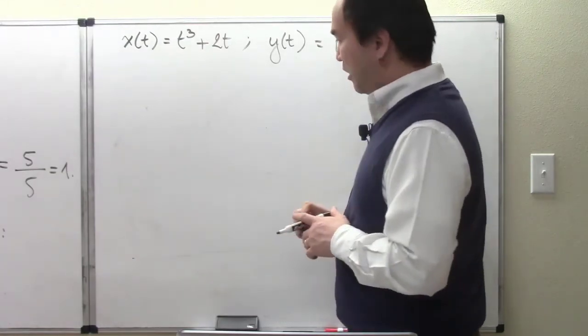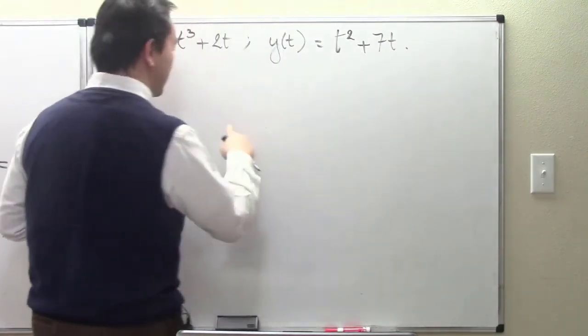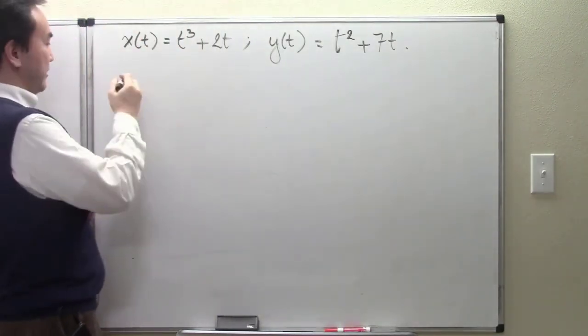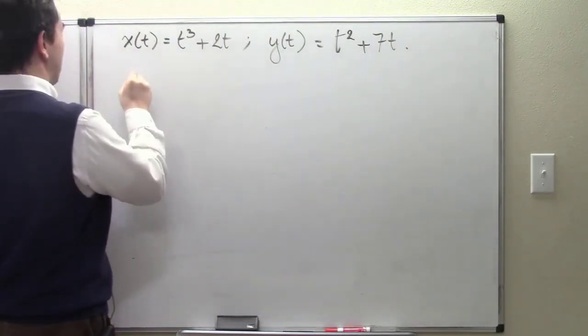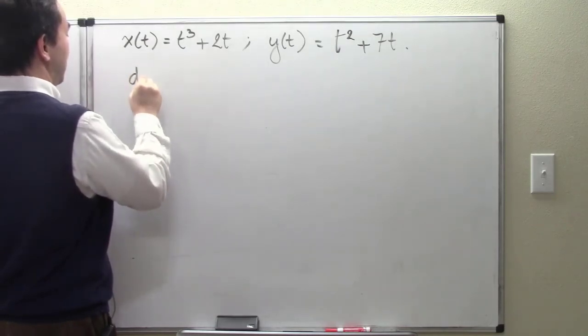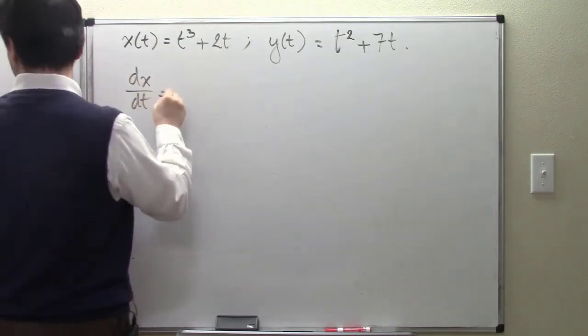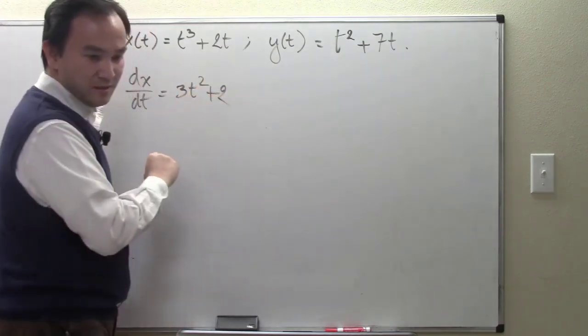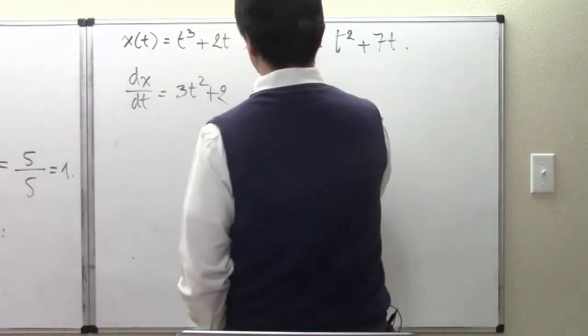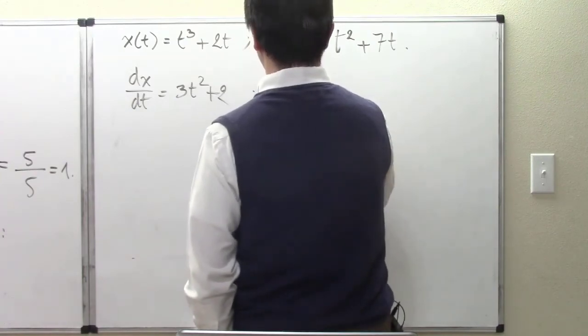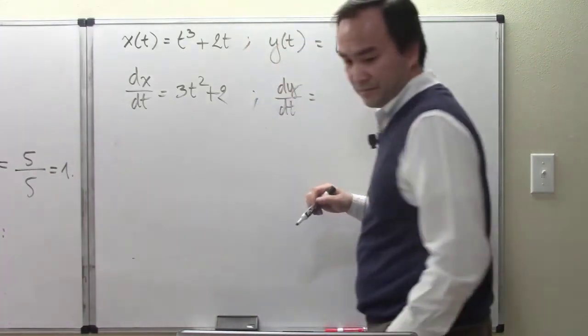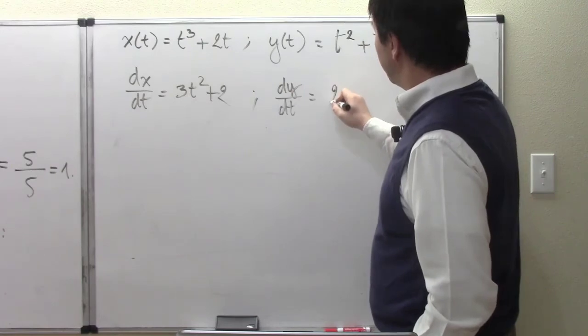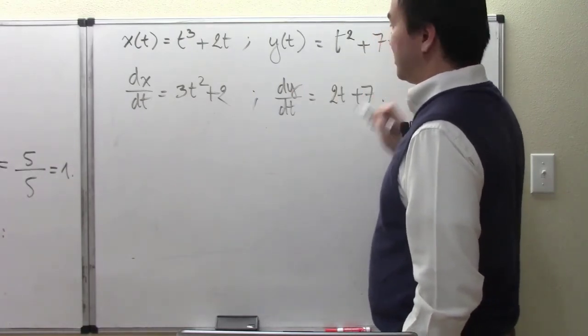We also found the dx/dt and dy/dt previously in part A. Let me retrieve all that. So dx/dt was 3t squared plus 2, and dy/dt we found previously to be 2t plus 7.